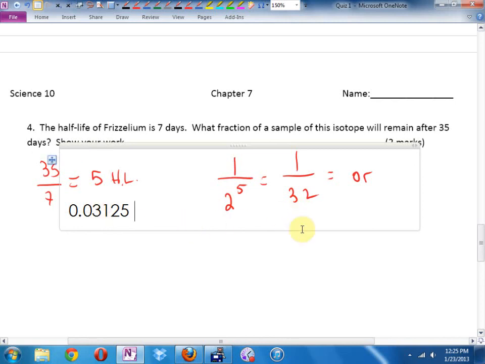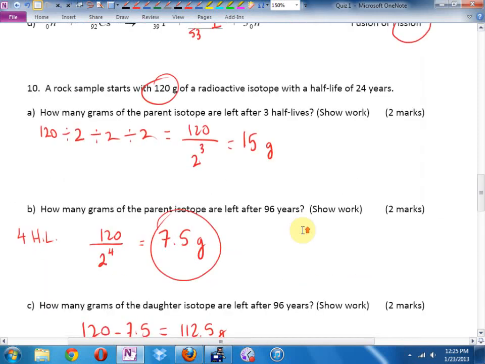Or that. Okay? What's this quiz out of grand total?